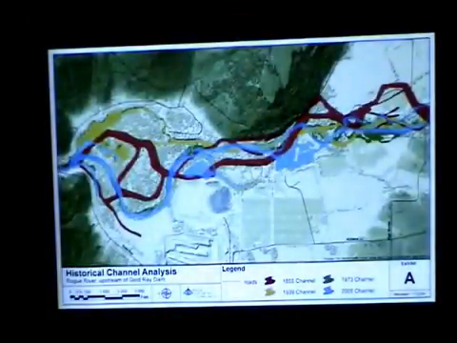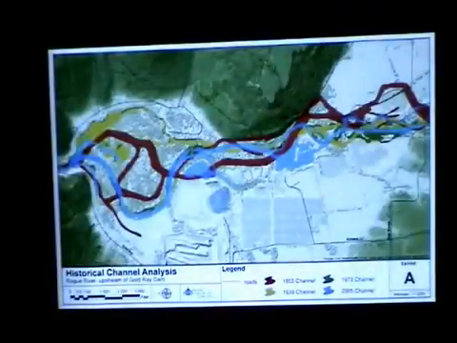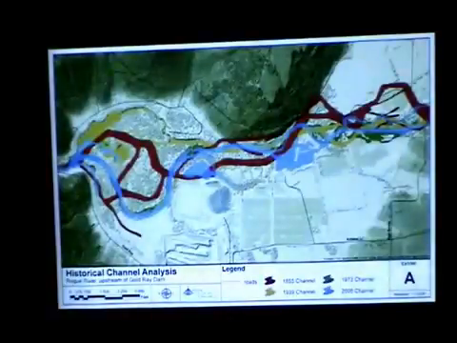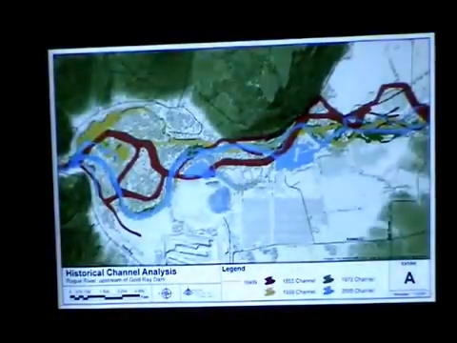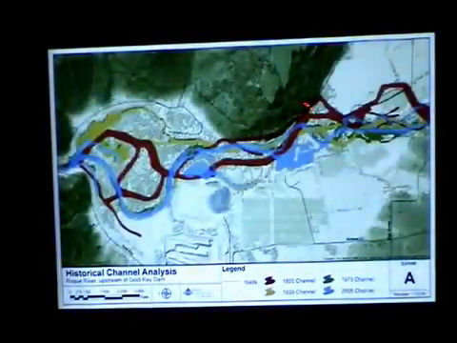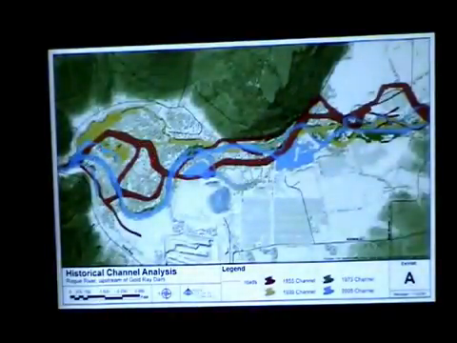And so you can actually go online. I think BLM has all what they're called GLO maps for pretty much the entire state. And they're really interesting because they have a lot of good history on them. And so we were actually able to get the 1855 channel location. And that's what you see there in red. That red color there is the channel back in 1855.